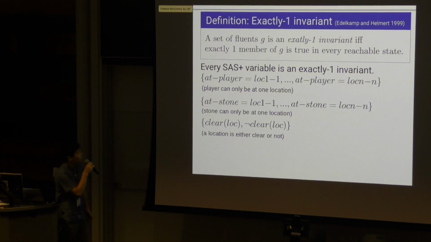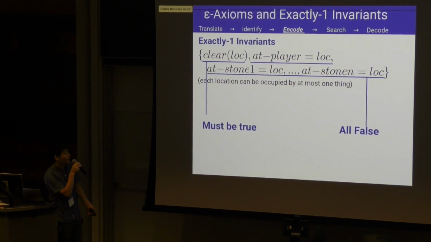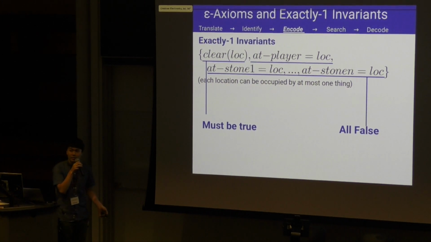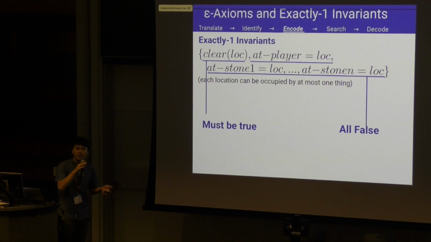So the reason why we get a smaller search space is actually due to tau axioms, which represent unnecessary operators, because epsilon axioms just capture the relationship among variables, and which variable is most essential to the domain or not. So if that makes sense.